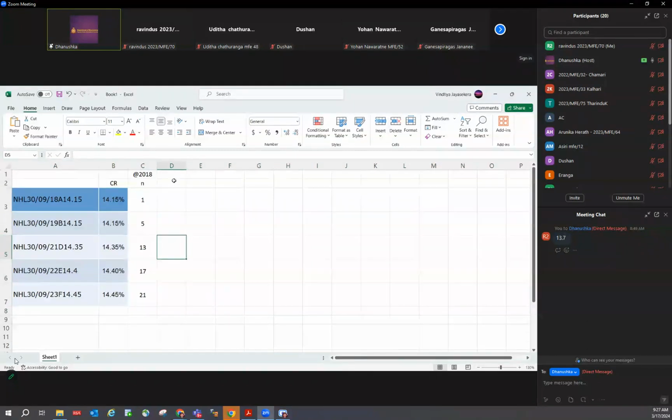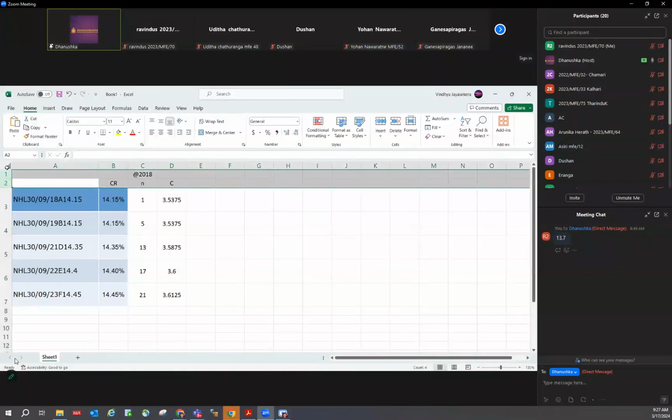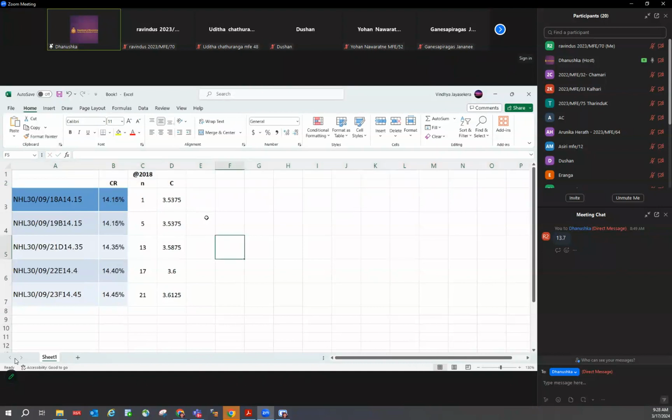Then that's N. Then what I need is, what is the coupon? So the coupon is 14.15 into 100 divided by 4. And the coupon for each of these will change, right? That's a coupon. So what else do I need? I have the coupon, I have N, I need my required rate of return.